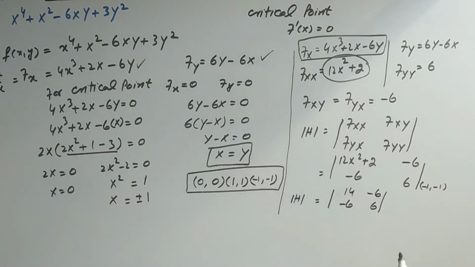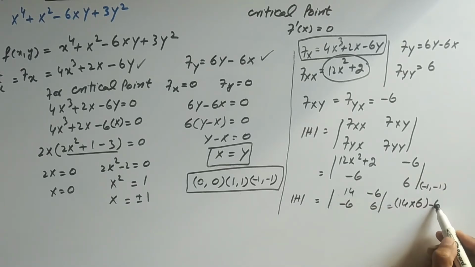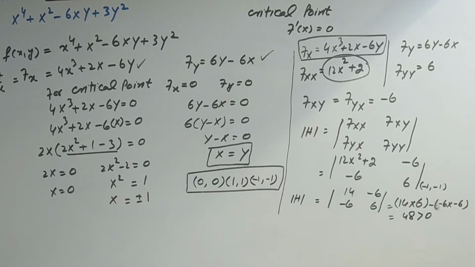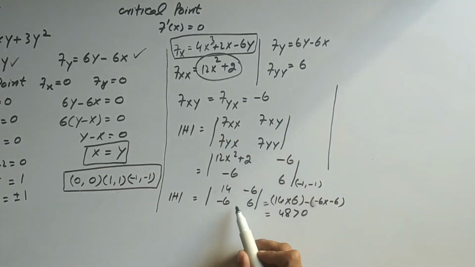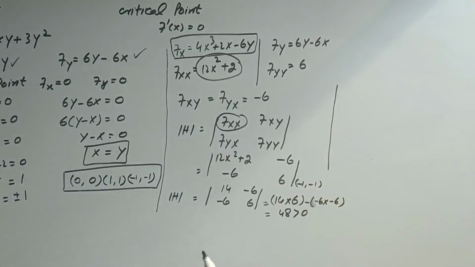Now we will calculate the value. We take the determinant, 14 into 6 minus 6 into minus 6. So the result will be 48, which is greater than 0. Now look at this. Leading minor entry, what is f double x?